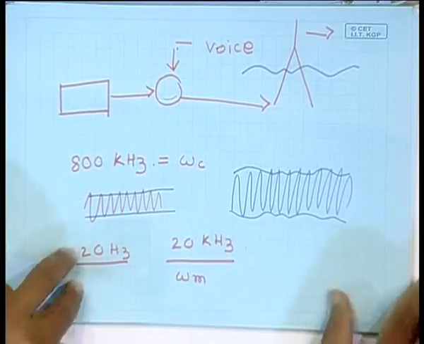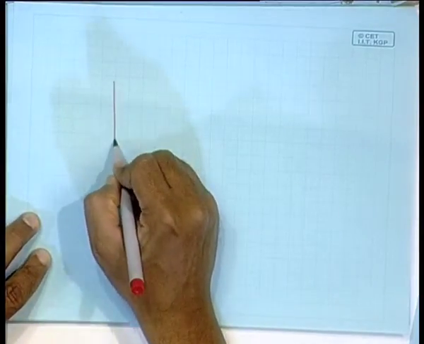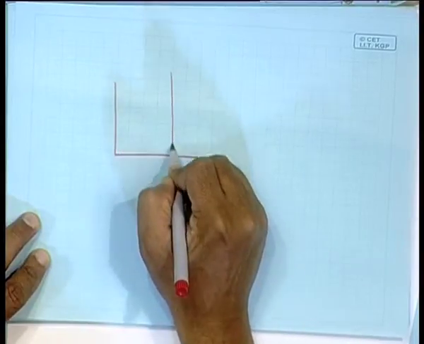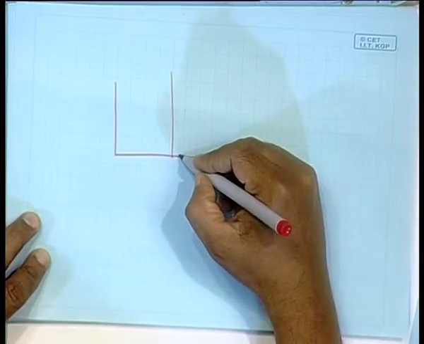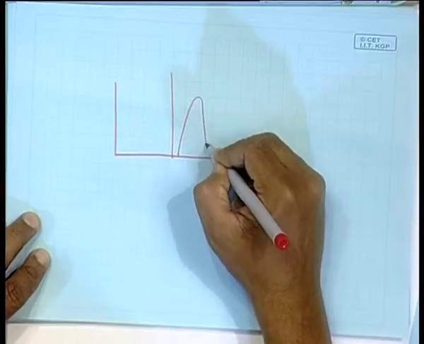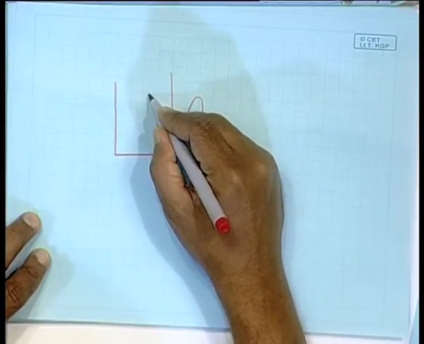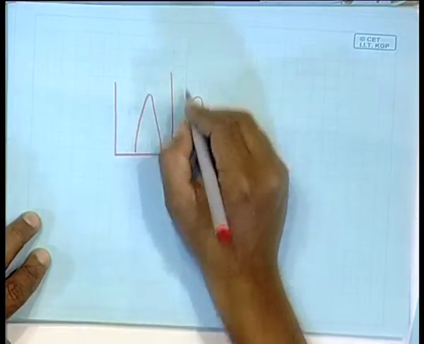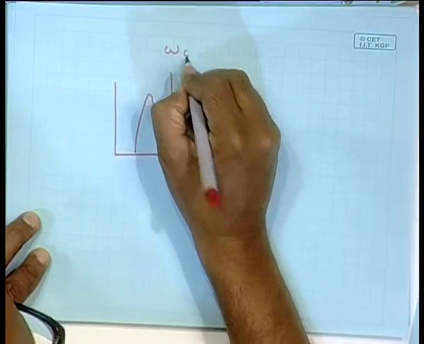The difference that is going to occur is as follows. Instead of producing sidebands which are at single frequencies, you are going to produce sidebands which will look like this on both sides. You will have two bands, and this is the omega carrier.